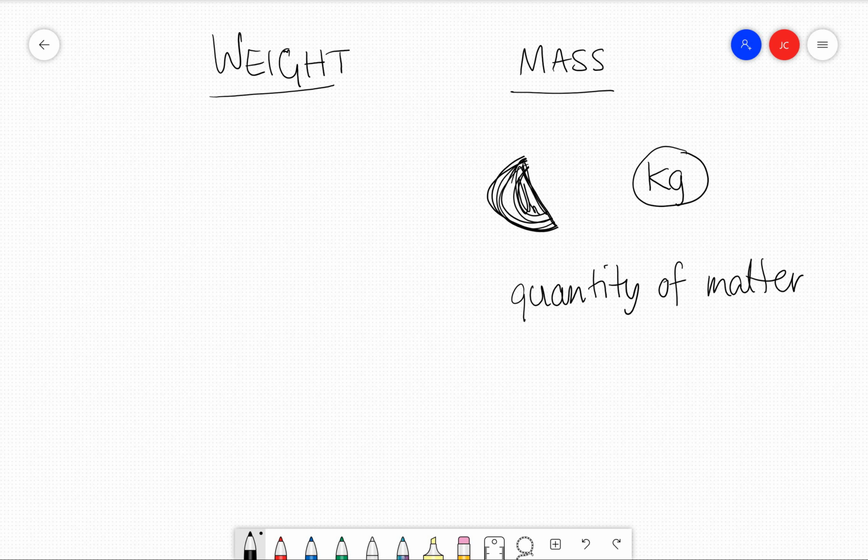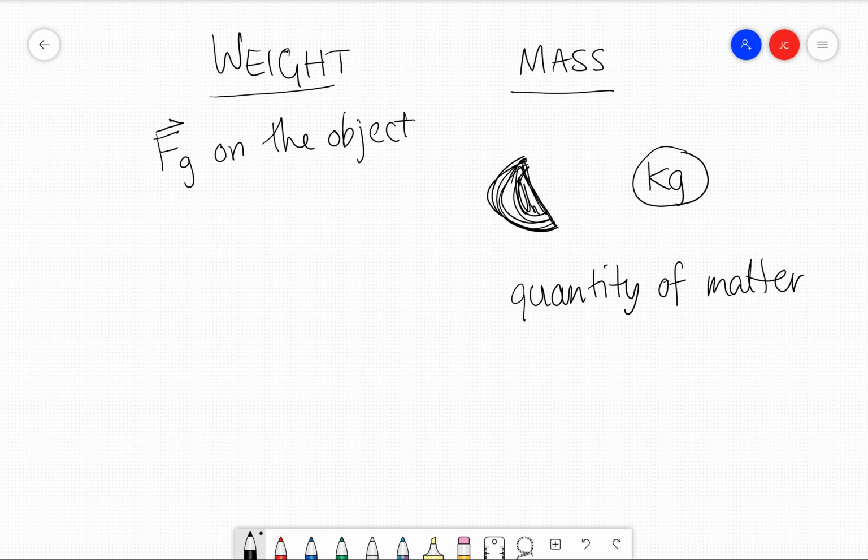Now, a lot of people will think, oh, weight is also this thing. And that's an okay thing to think initially, but weight is actually very different. Weight is the measure of the force of gravity on the object. You hear this and you're like, what? Weight is the force of gravity? That makes no sense.